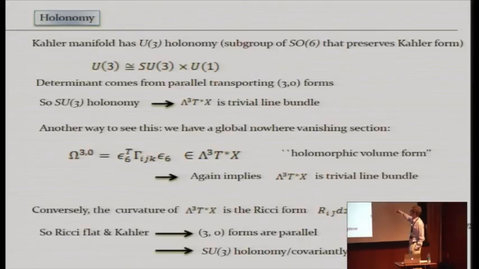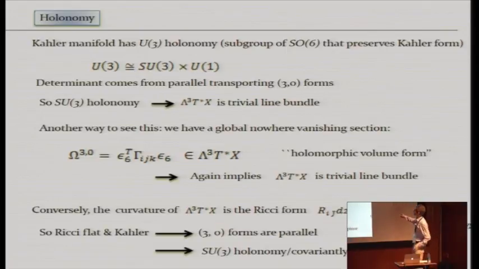Okay, geometrically, if we want to discuss U3 holonomy, we want some geometric quantity which transforms just under the U1 part and not under the SU3 part. And what is that? Well, cotangent vectors, like the dz^i you had before, transform in the fundamental 3 of U3.